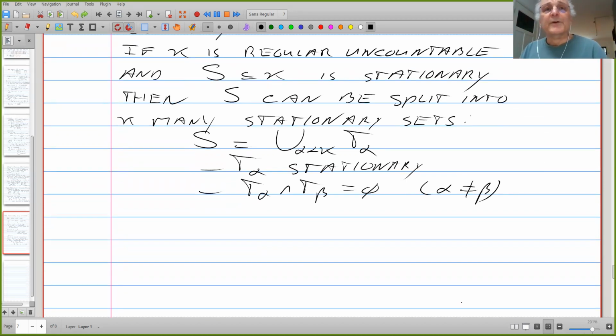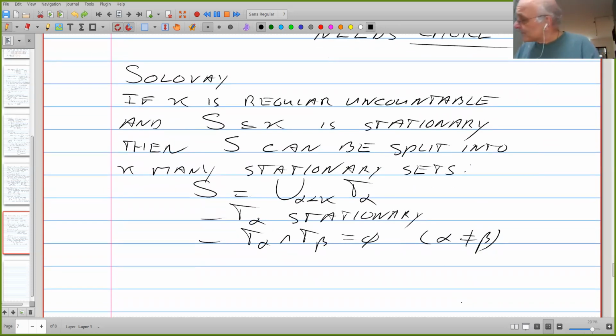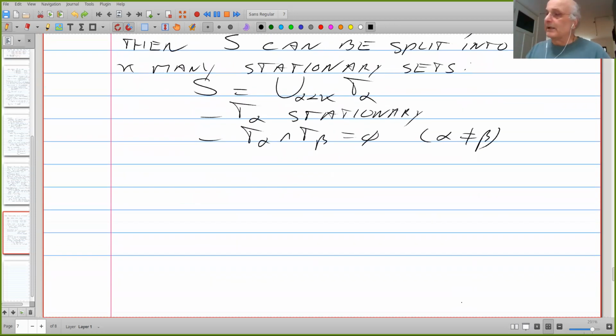We're going to do this in a few steps, but I want to point you in the direction of another proof, but that only works if kappa is a successor cardinal. Then this was known already, and the proof is somewhat easier than the one that I'm going to give now.